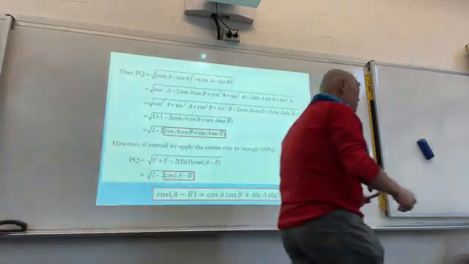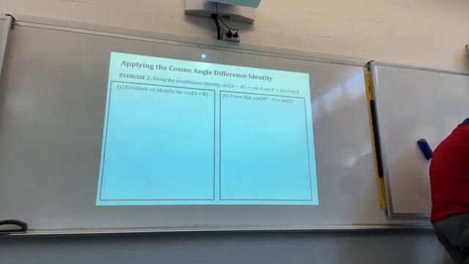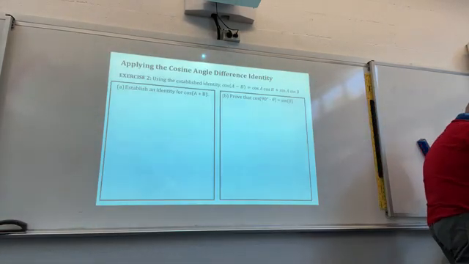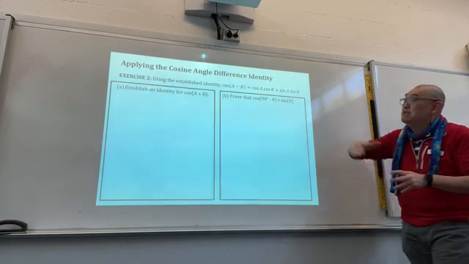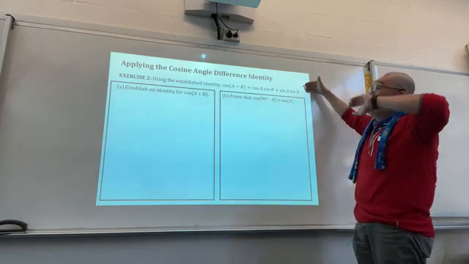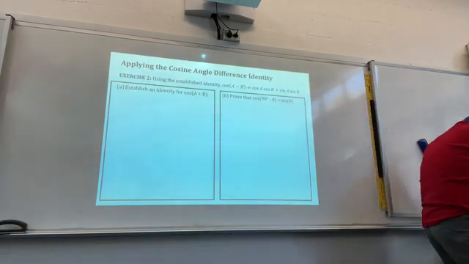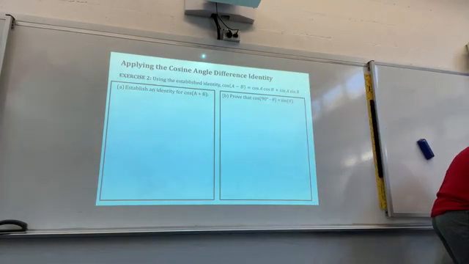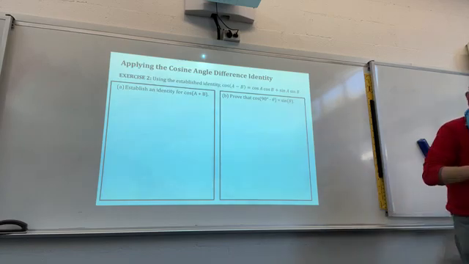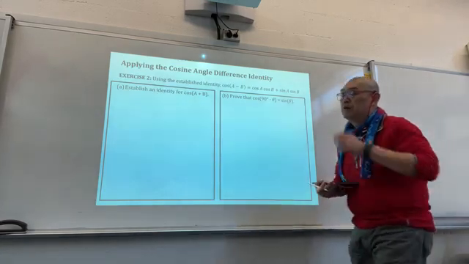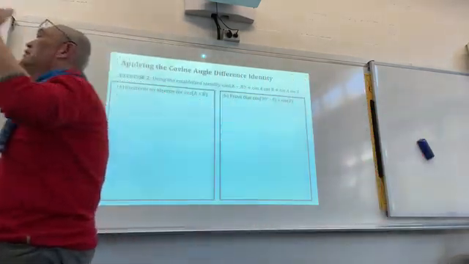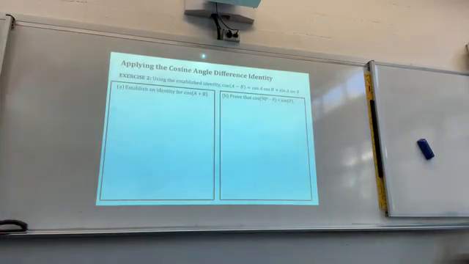Let's go to the next bit. Now we could use the established identity, this one. How do we establish an identity for cos(A plus B)? Let's think about it: cos(A minus B). What is cos B equivalent to?